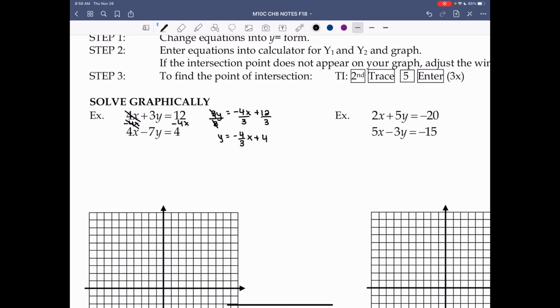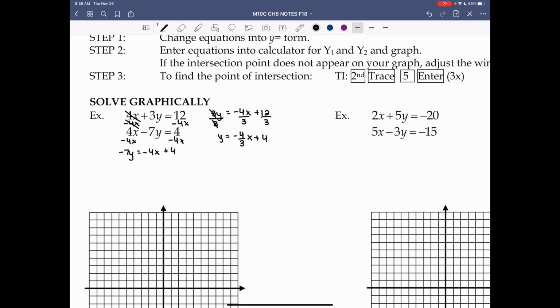The second equation, 4x minus 7y = 4. Again, I'm going to subtract 4x from both sides. We get negative 7y equals negative 4x plus 4. Right now we have negative 7 times y.